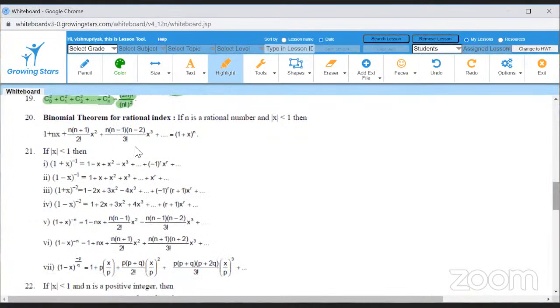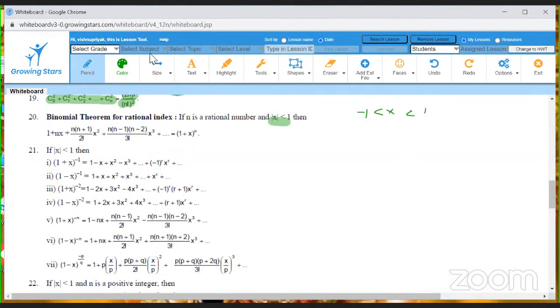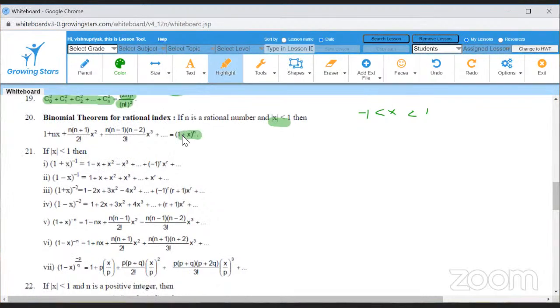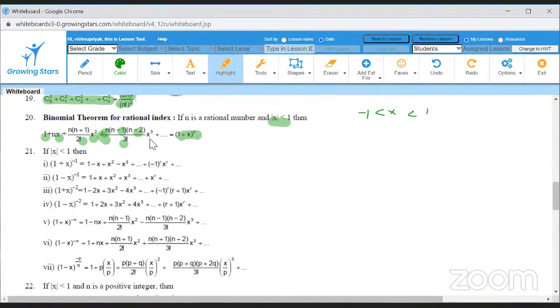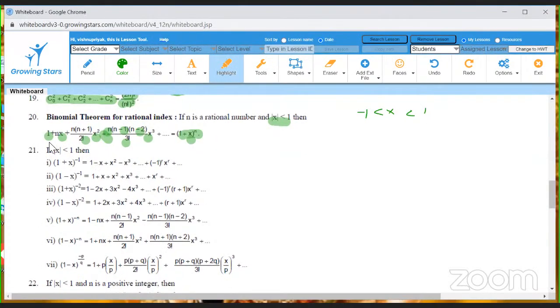Next, binomial theorem for any x between 1 and minus 1. X is always between 1 and minus 1. For such values of x, (1 + x) to the power n will be 1 + nx + n(n-1)/2! x squared + n(n-1)(n-2)/3! x cube and so on.